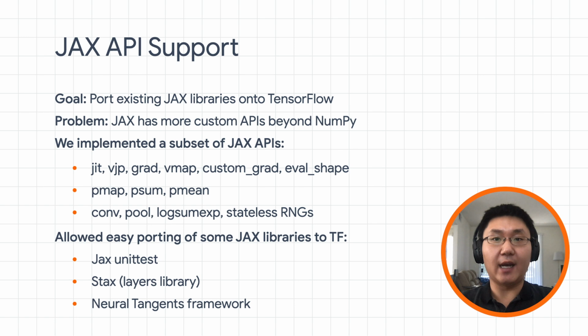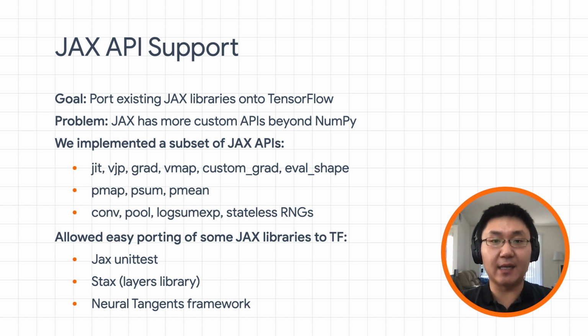But the problem we have is that JAX is not just TF NumPy. It uses more APIs that are beyond TF NumPy. So our solution is that outside of TF NumPy, we have a TF NumPy extension library that provides a set of JAX-specific APIs.